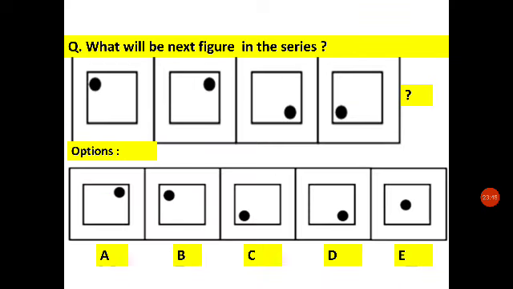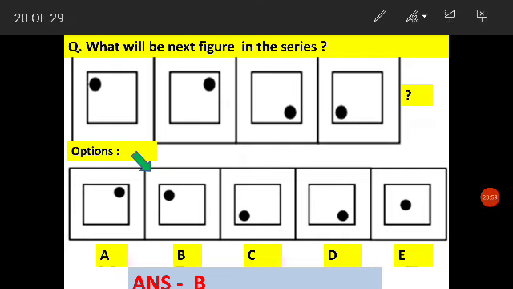Now next one, the dots given. There is a box with a dot, and the best way to do this is you just see how the dot is there. Like it is here, then it has come here, then here, then here. So from here it has rotated and gone to the other side, and here it is again rotated and gone this side. So what will be here?